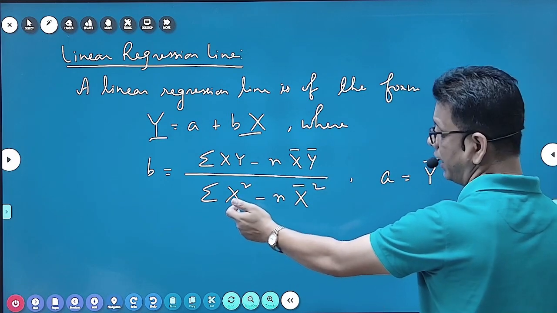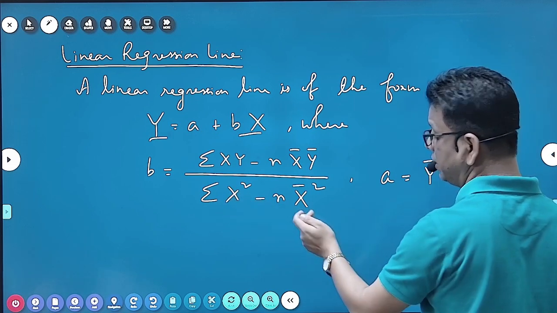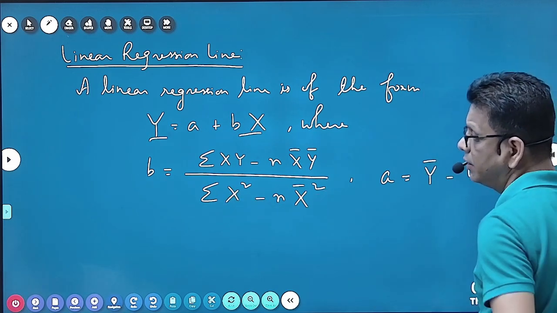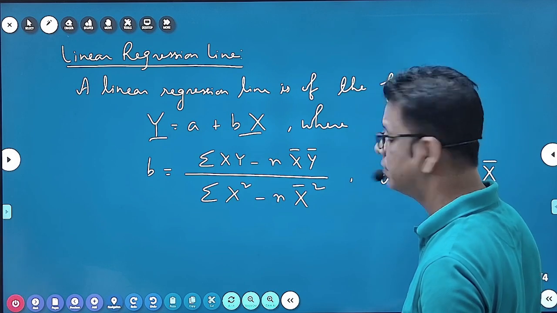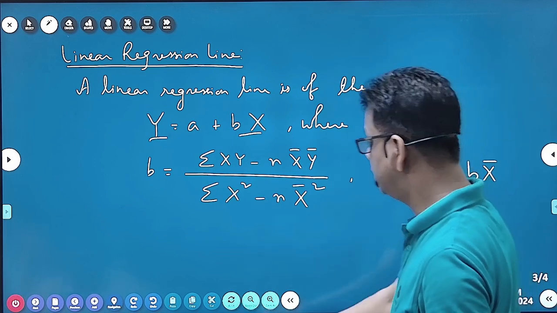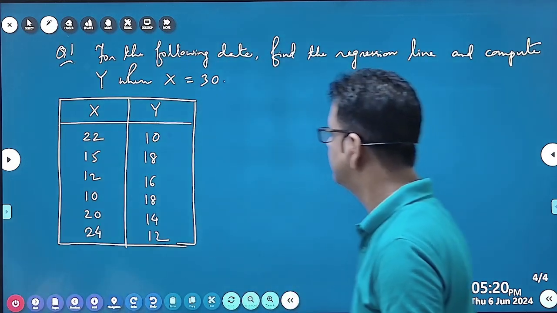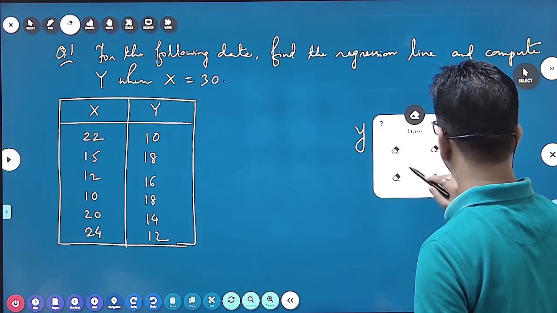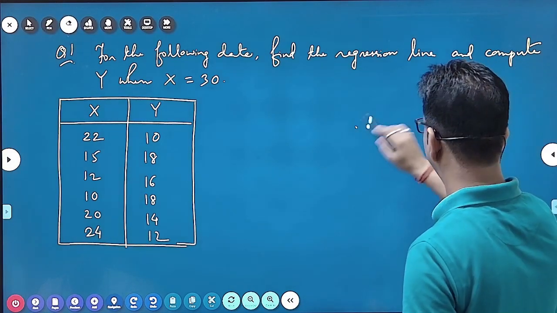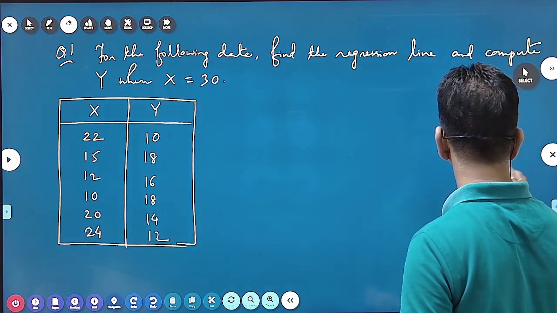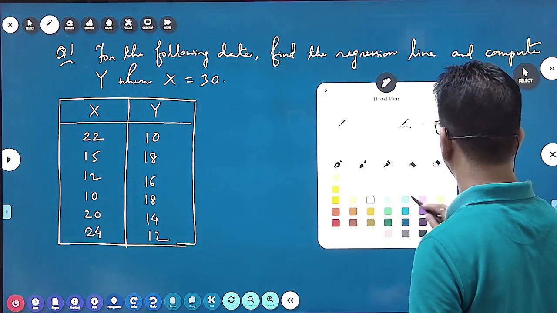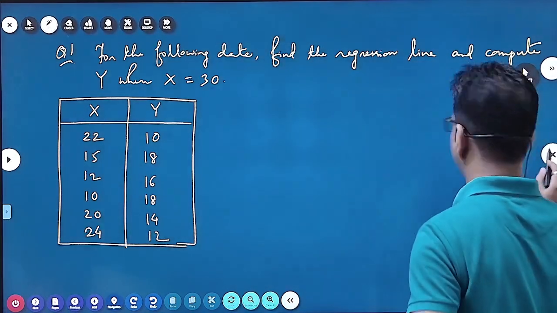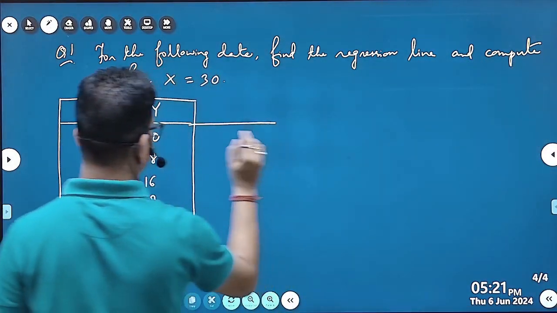Also we need summation of x square, and here the square of the mean. That means in the table, what is required? Already the x and y you have. We need to have x square. Please add this.